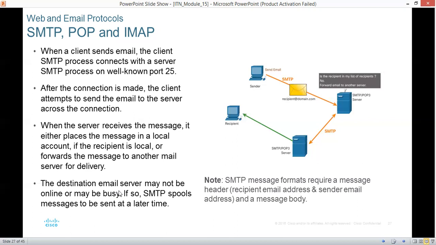So you can see from this diagram the SMTP from the system to the server. And you can also see that if it's being delivered, it's delivered at the POP. The POP3 is on port 110, right? Yes.